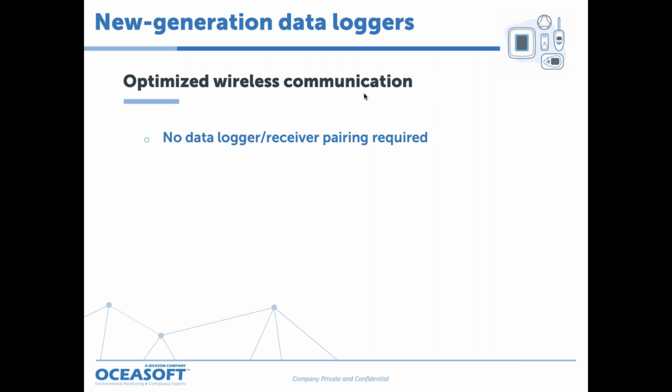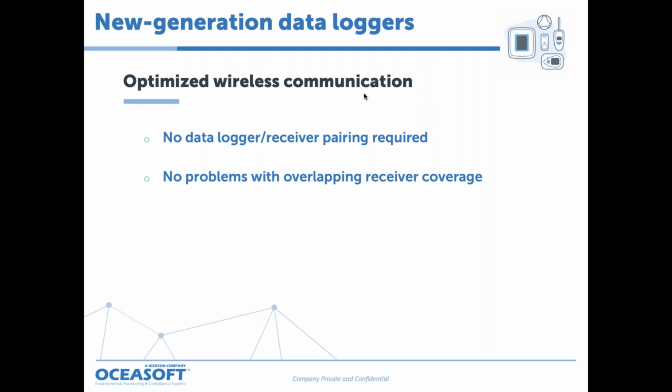Now, all data loggers can communicate with any receiver located within wireless range, and there's no longer any radio problem with zones covered by two receivers, nor any collision problems thanks to LoRaWAN's multi-channel transmission. Suffice to say that all this makes on-site deployment much easier.